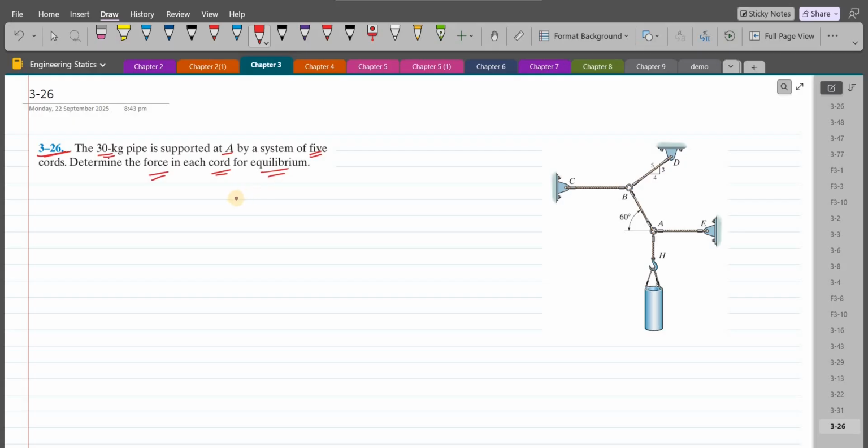So to solve this problem, first of all, we will draw the free body diagram of point A. The free body diagram of the point A would look something like this.